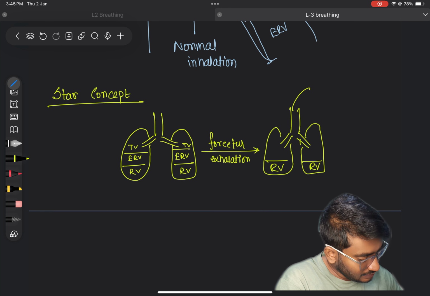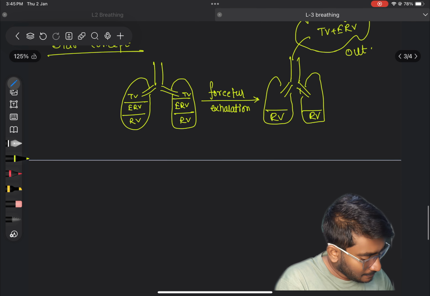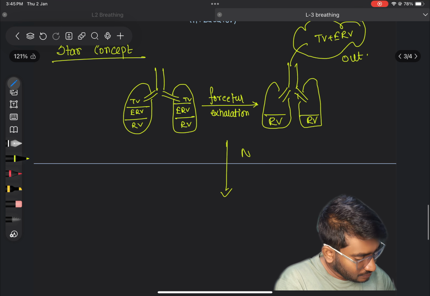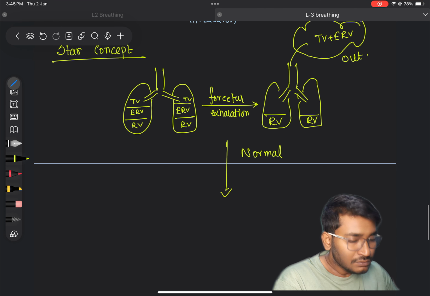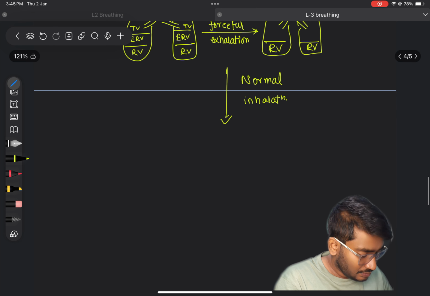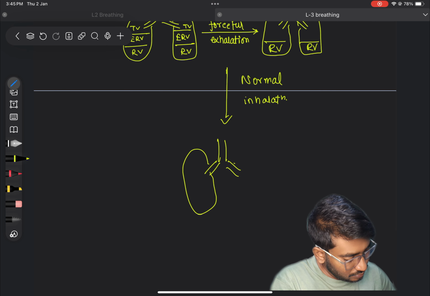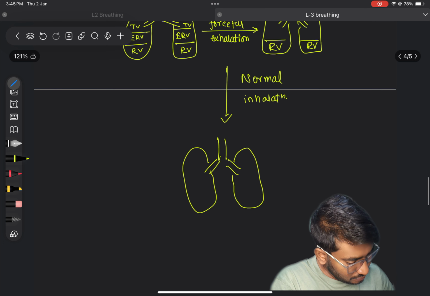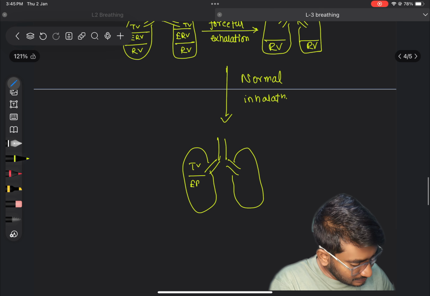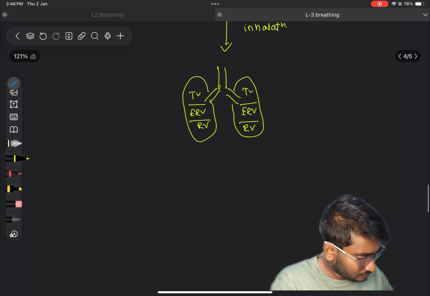TV plus ERV goes out. Now after that, in normal inhalation, the lungs have tidal volume plus expiratory reserve volume plus RV.